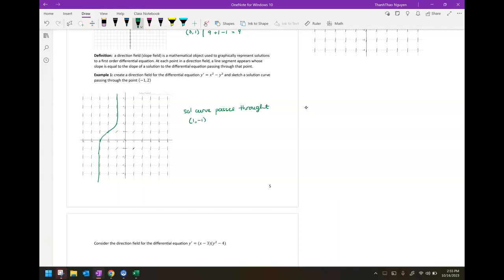So 1, negative 1 is here. Look at what's going to happen here. Here's 1, negative 1. It looks like the slope is going down. The slope here is pretty steep, right? So it's going to go something like that. Could be something like that is your solution curve.